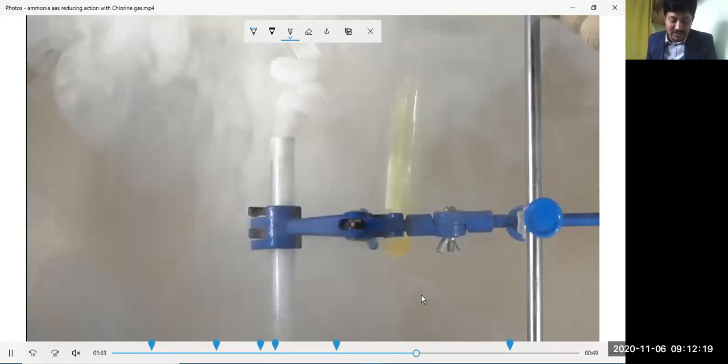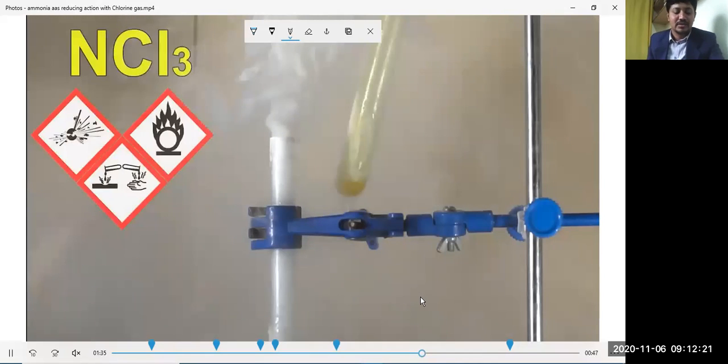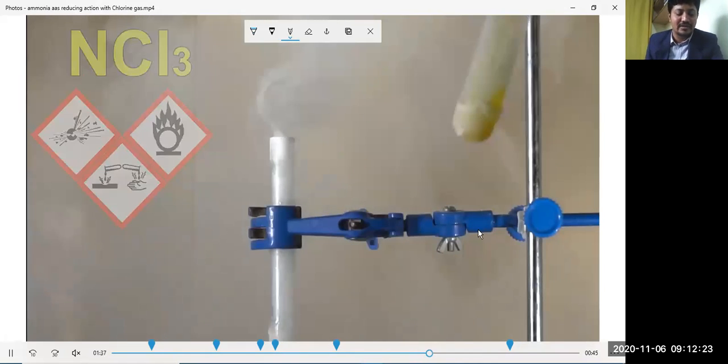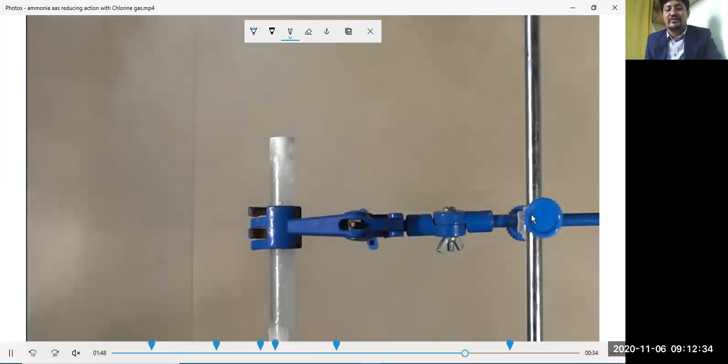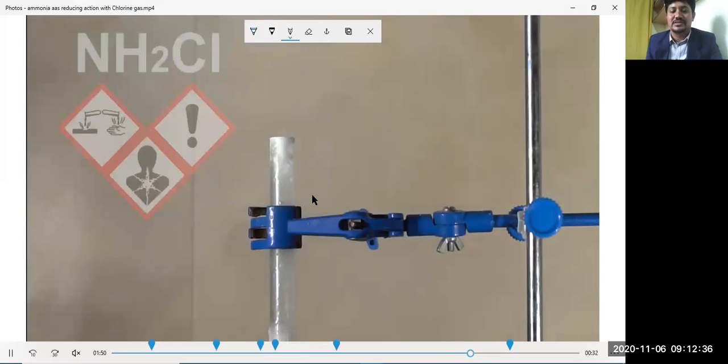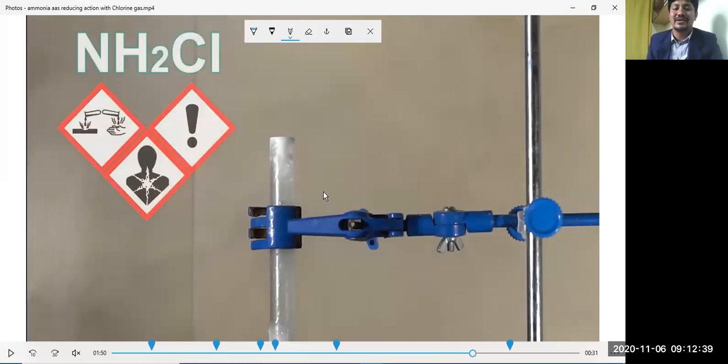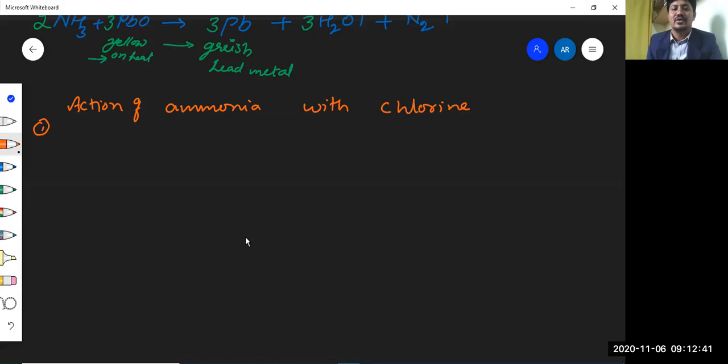That is highly exothermic in nature, and it reacts with the greenish yellow excess chlorine and gives yellow explosive liquids. This is about the chemical reactions of ammonia with chlorine.